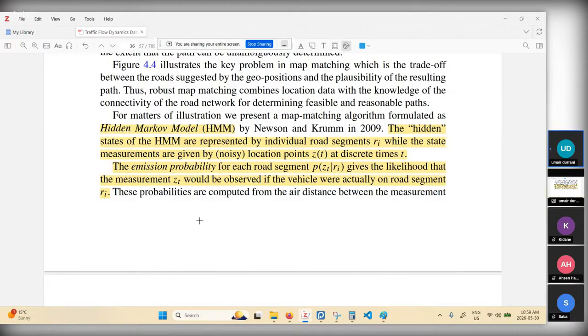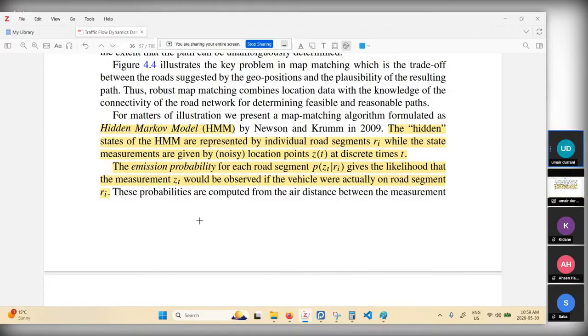So we are looking at the probability that the measurement of the geographic positions that we got, the locations that we got, is it possible that we get these locations if the road segment was R1? So what is the probability of that? What is the probability of having these geographic coordinates if the road segment is R2 instead? So that is the emission probability.